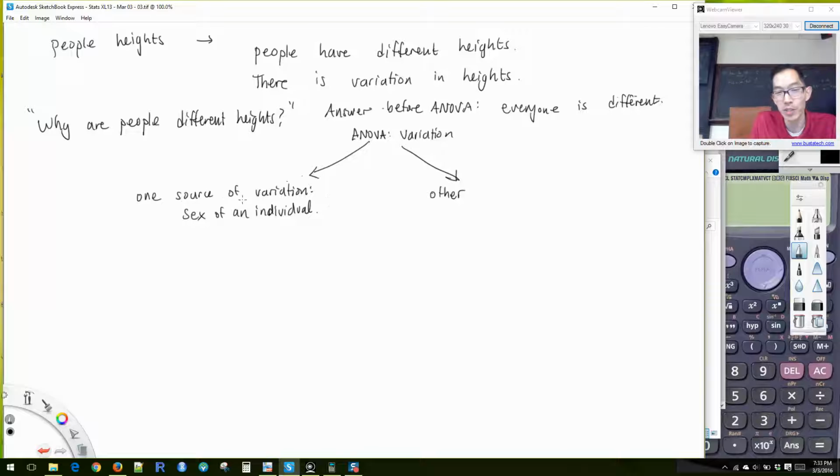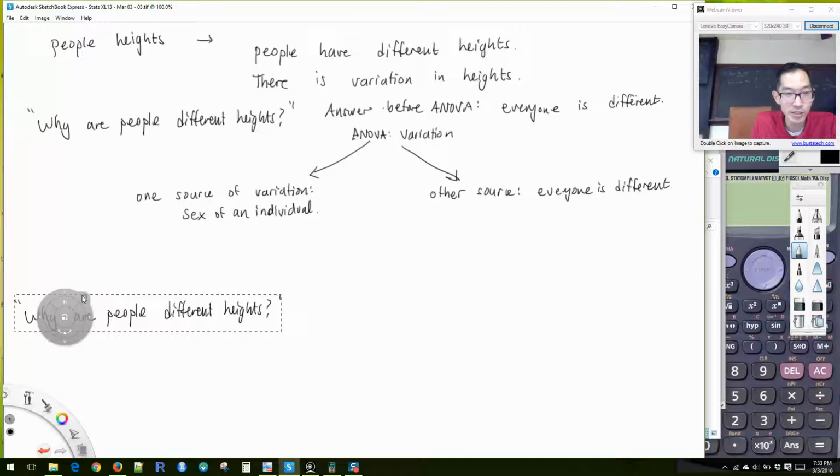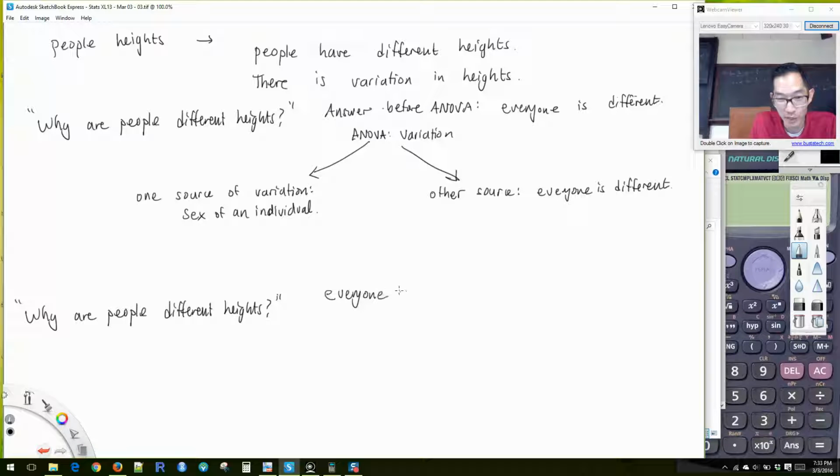We just come up with one source, and then the other source will be everyone is different. So if the child asks, after ANOVA, why are people different heights, your answer will be everyone is different. This is always part of the answer. Everyone is different.